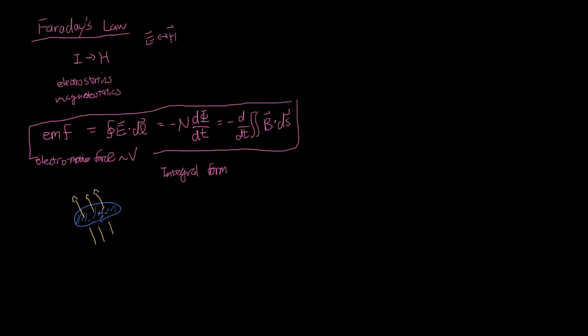Now this current is going to form in a very specific way. So let's say the magnetic flux is increasing. So the magnetic field increases, and you have more flux lines going through there. That means that d phi/dt is going to be greater than 0. Well, what direction of current does that produce?